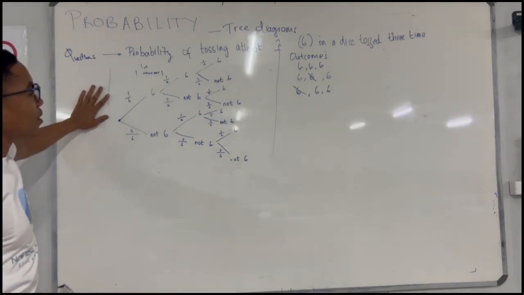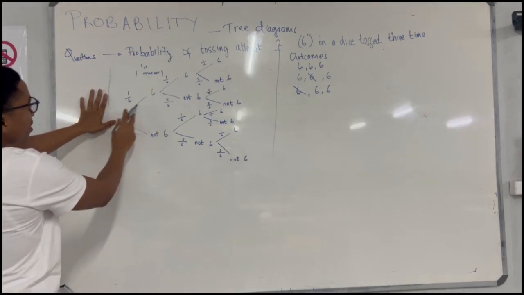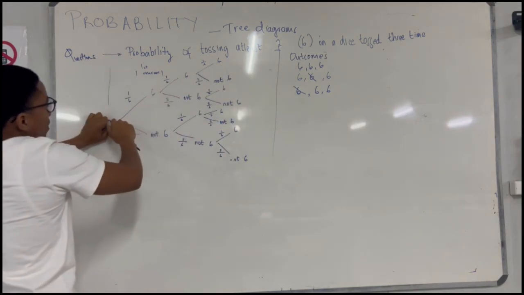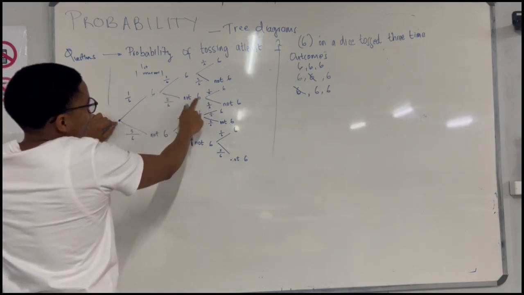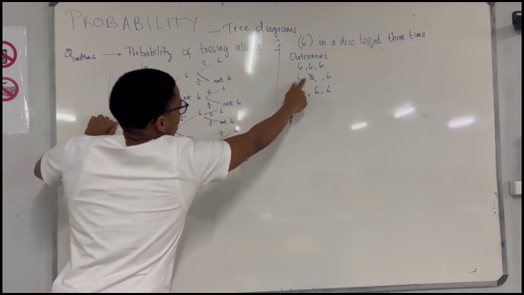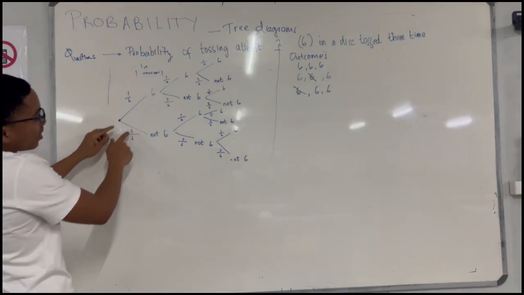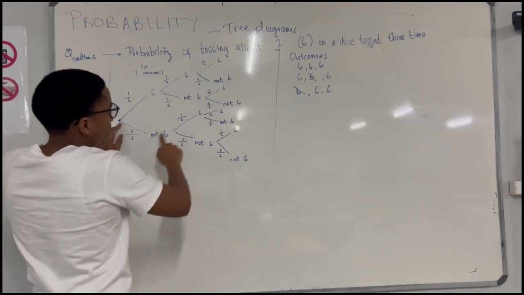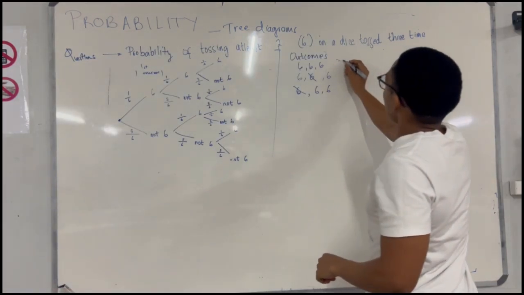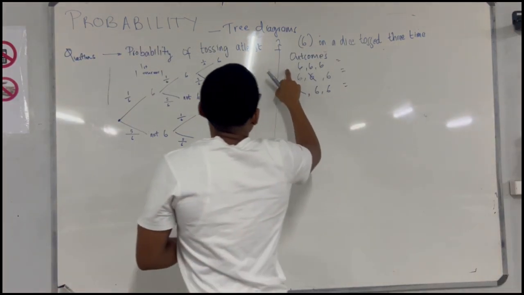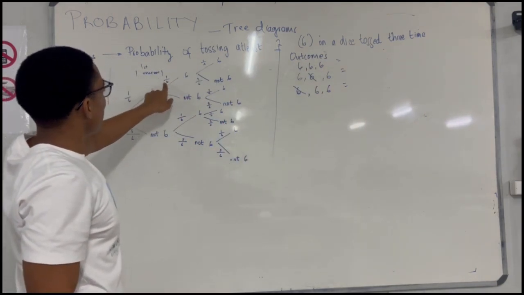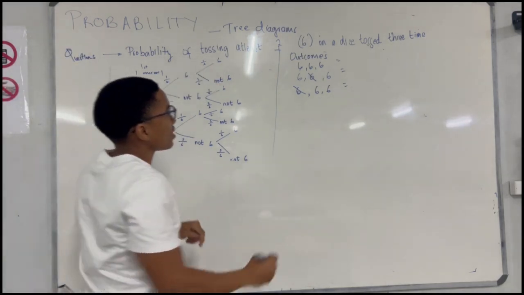Okay, so now let's confirm our values. It's either you get a 6 and a 6 here, or a 6, not 6 and a 6, or a not 6, a 6 and a 6, or otherwise a not 6, not 6 and a 6. So the probability outcome for 6, 6, 6 is 1 over 6 multiplied by 1 over 6 multiplied by 1 over 6.